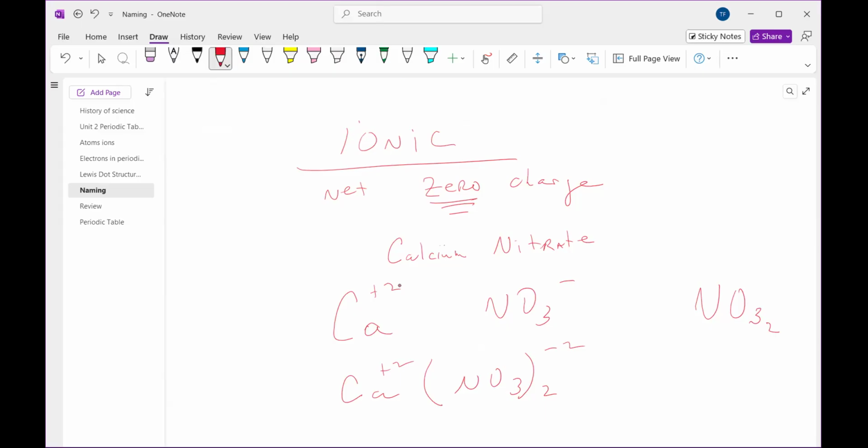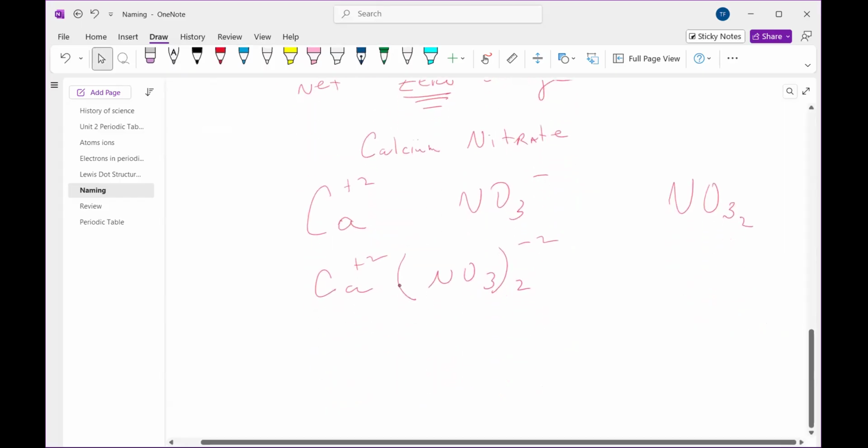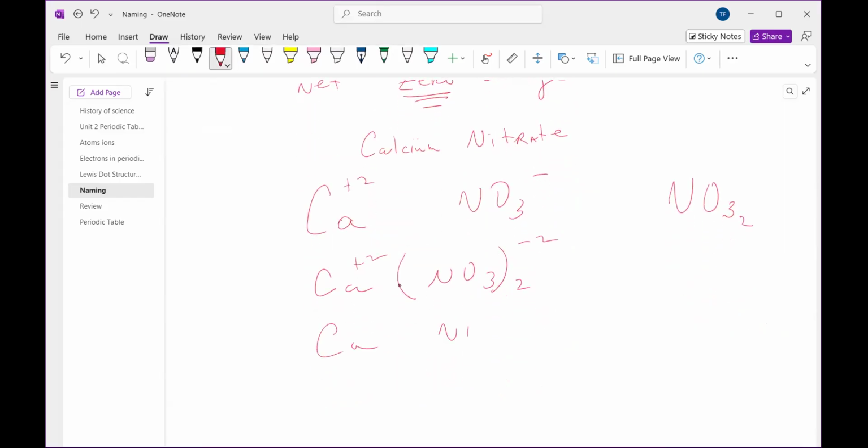Yeah. So the 2 below is a subscript, and that changed the top, because there's 2 of them. The shorthand way of doing that is to put the parentheses with the 2.